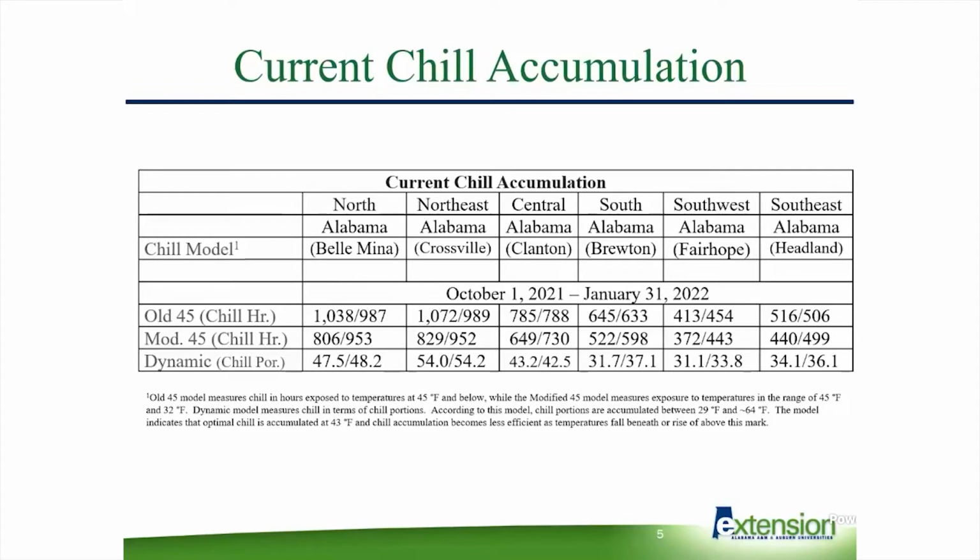Earlier in the season, we were well over 150 chill hours behind where we were last year. But if we look at the chill portions, we're at 43, which I'll go into a little bit later, and it indicates that we were actually getting a little more chilling than previously thought.